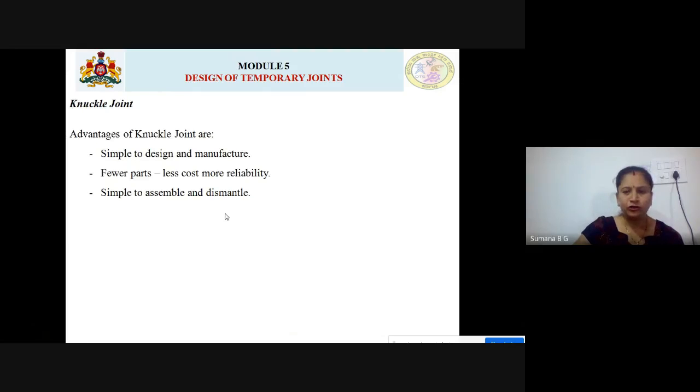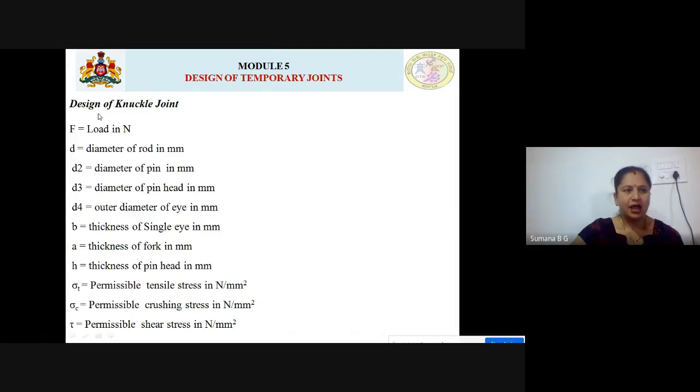Coming to the design of knuckle joint, for the calculation of the parameters, I have referred to Design Data Handbook by Dr. K. Lingaiah, second edition.